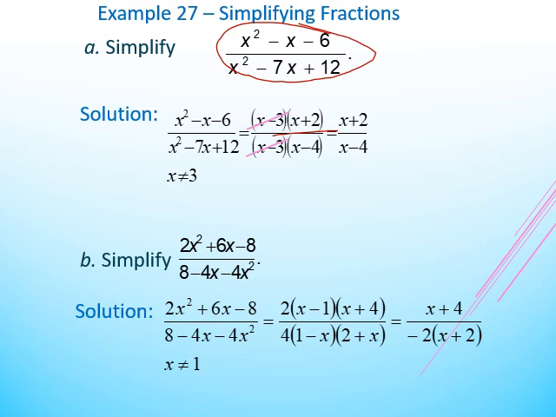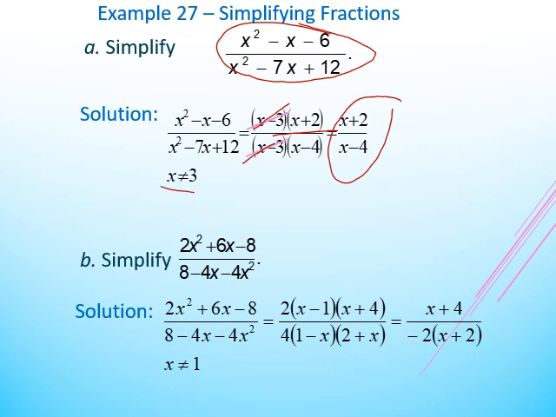The same for the denominator, x squared minus 7x plus 12, which equals x minus 3 times x minus 4. We eliminate x minus 3 by x minus 3, and the result will be x plus 2 over x minus 4.